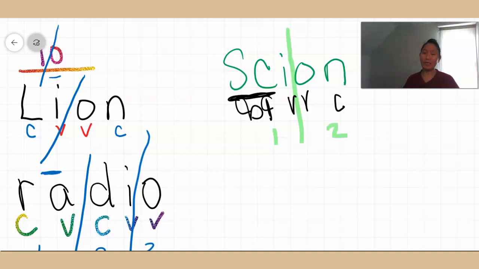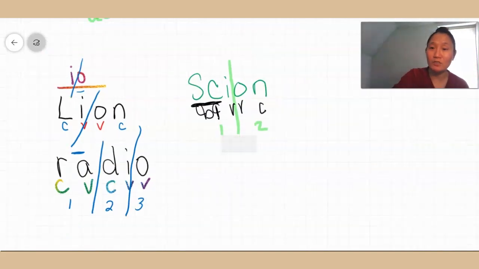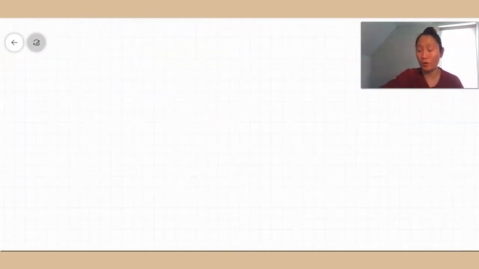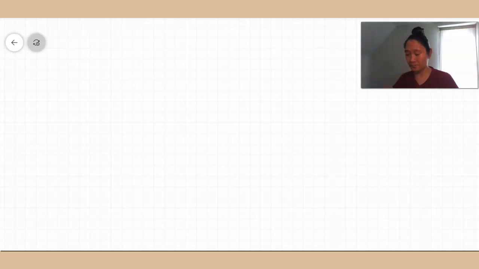All right, so let's look at another group of vowel teams. And I'm sorry, this lesson will get kind of long before it'll get short. We had the I-O vowel team.